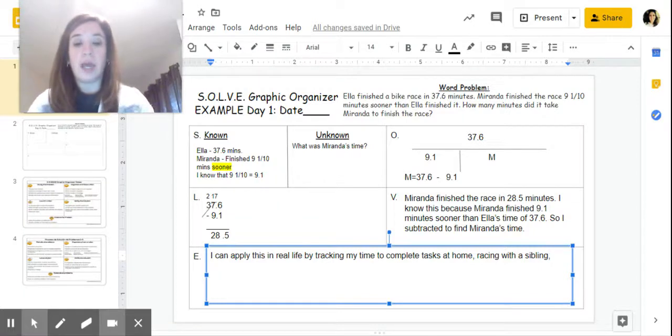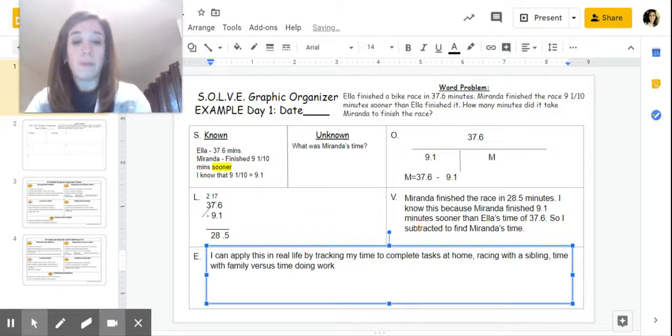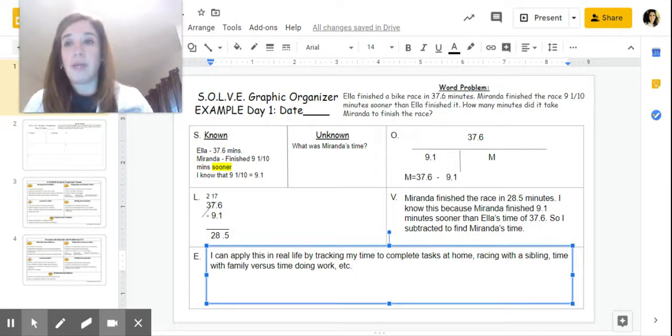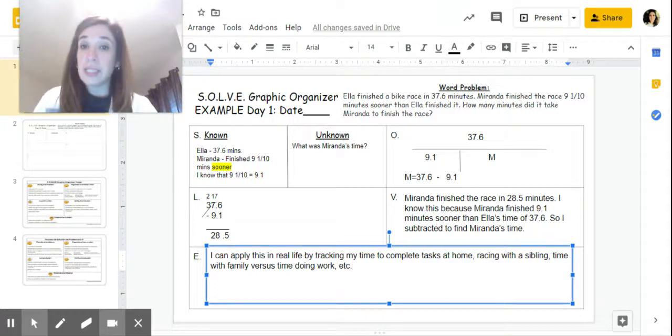So tracking that, time with family versus time doing work, okay? And I'll just put etc. Those are all the ways that I could use an example like this to see how much time I take to complete something. And so that would be it. That's your example for this week.